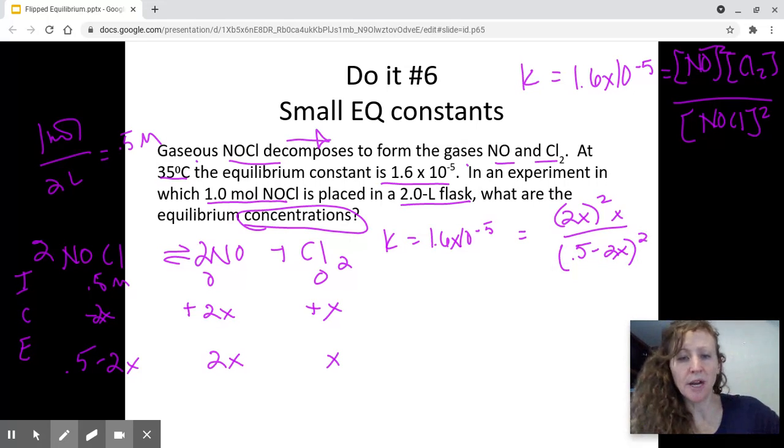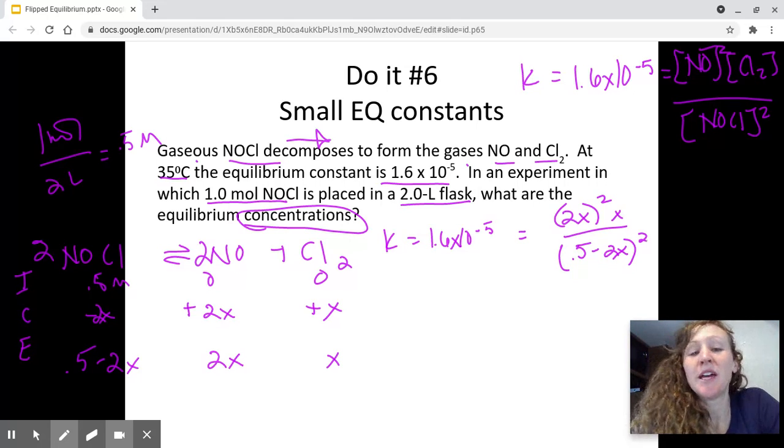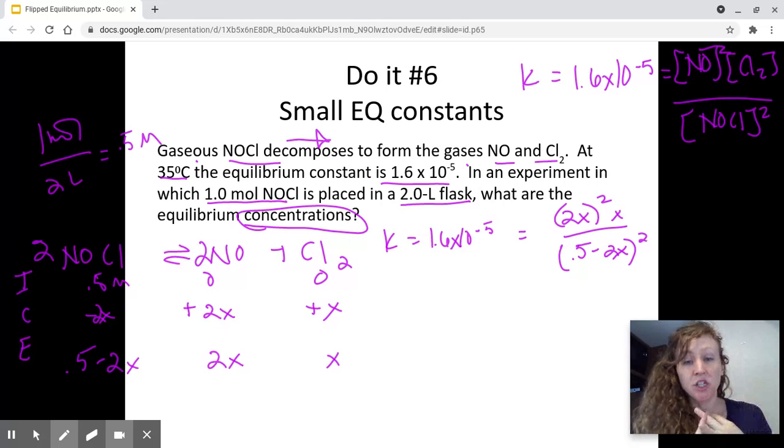Okay, here we are. This is our spot. So we've taken all our information, we've organized it into a reaction, a K equation, and an ICE chart. Now we've gotten ourselves to the bottom, to these equilibrium concentrations. We've plugged it into K. And now we have a big, huge mess in front of us, and we need to solve for x.